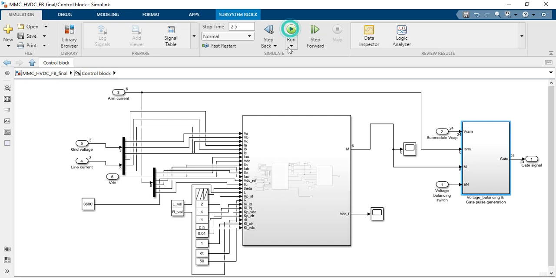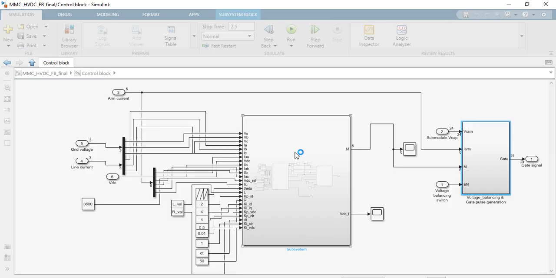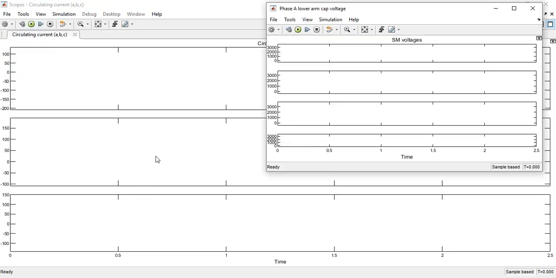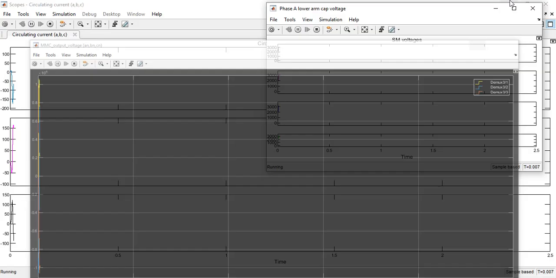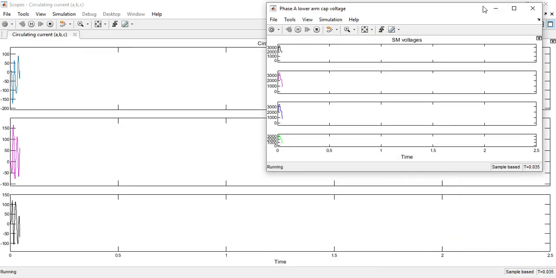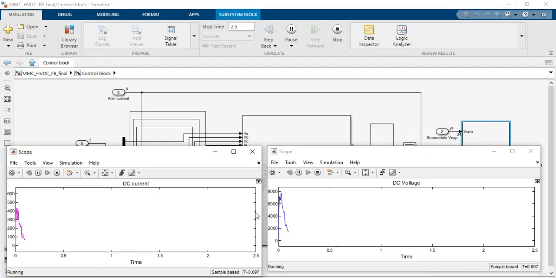So if I can run this, I can basically show you how the outputs are coming. Currently you can see that the VDC reference is set as 3600, which is 3.6 kV. So you can see this is the DC voltage.